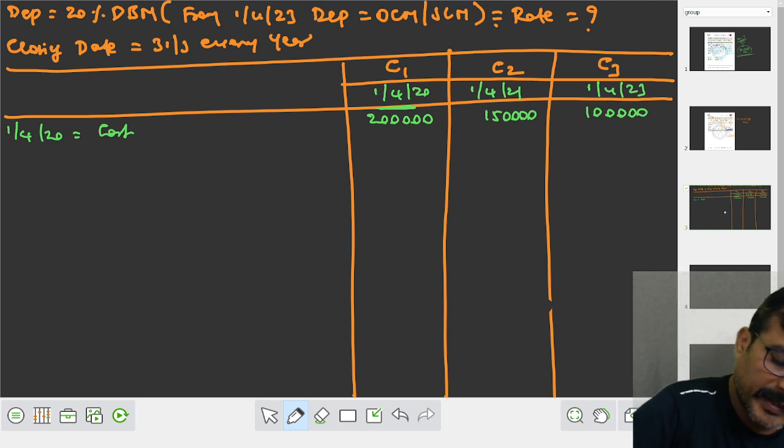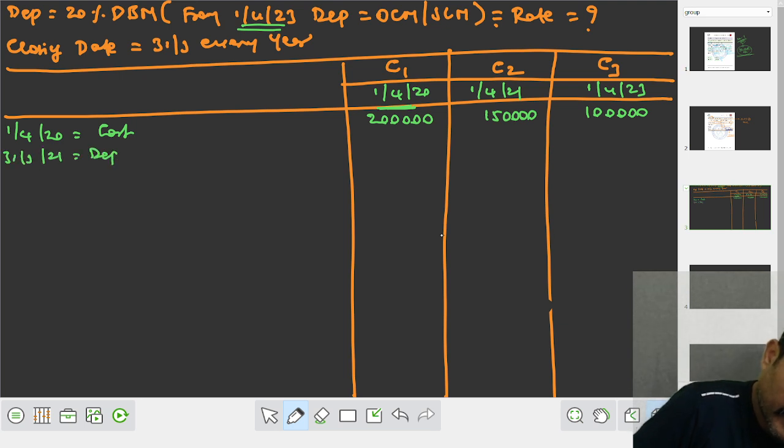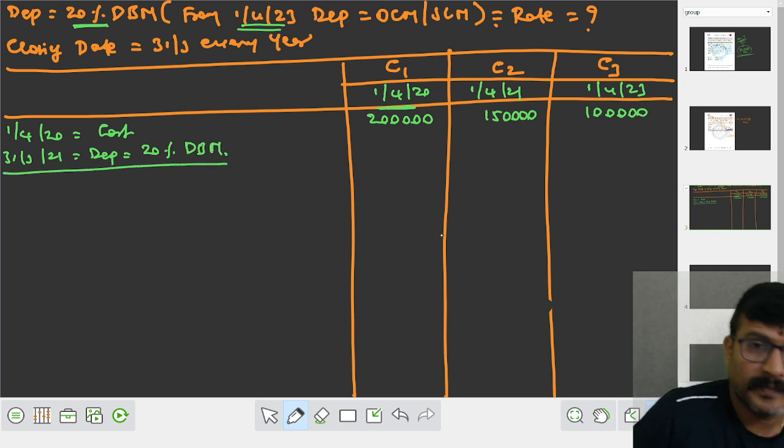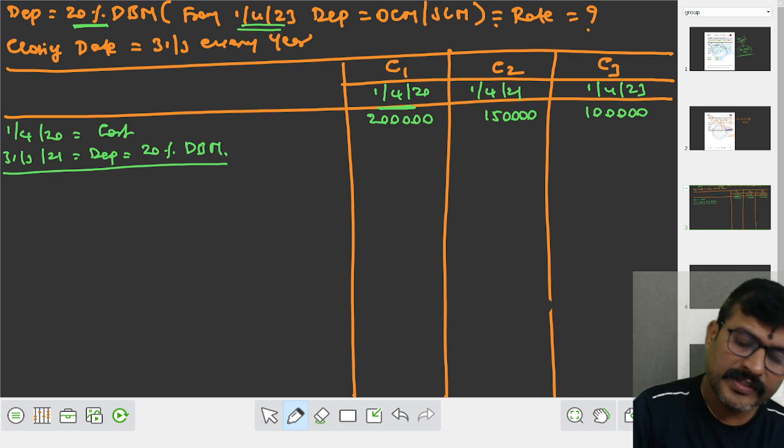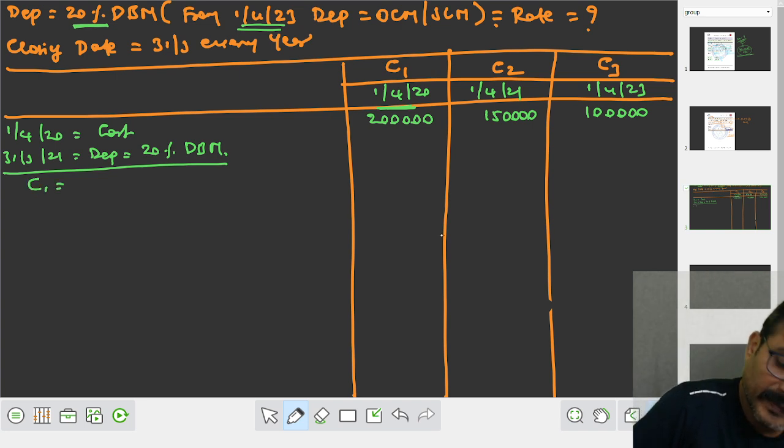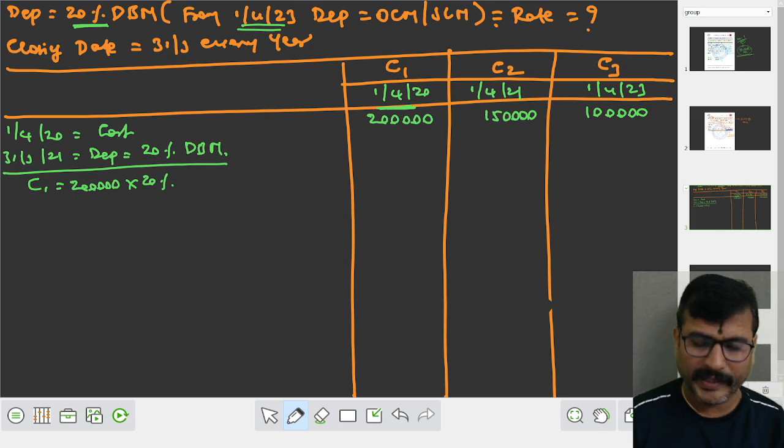The method of depreciation is changed in April 23. Now let us write 31st March 21. Depreciation, what percent? 20% under the diminishing balance method. On what computer? On the first computer, that is C1. It is 2 lakh into 20% for 1 year.